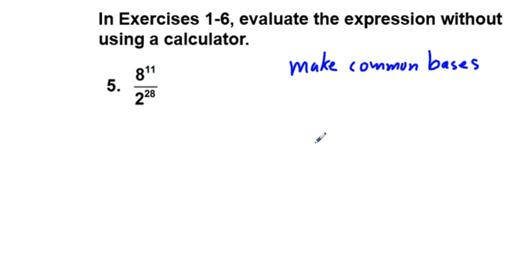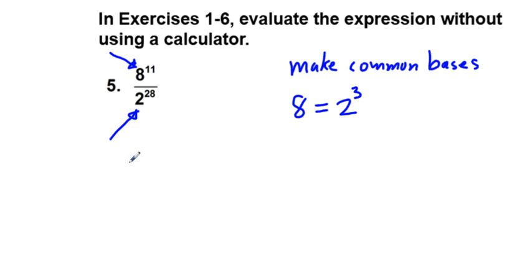Well, in the denominator, we have a 2 as a base, but in the numerator, we have an 8. But can we rewrite one of these as a common base? Sure. 8 we can rewrite as 2 to the power of 3, right? 2 times 2 times 2 is 8.